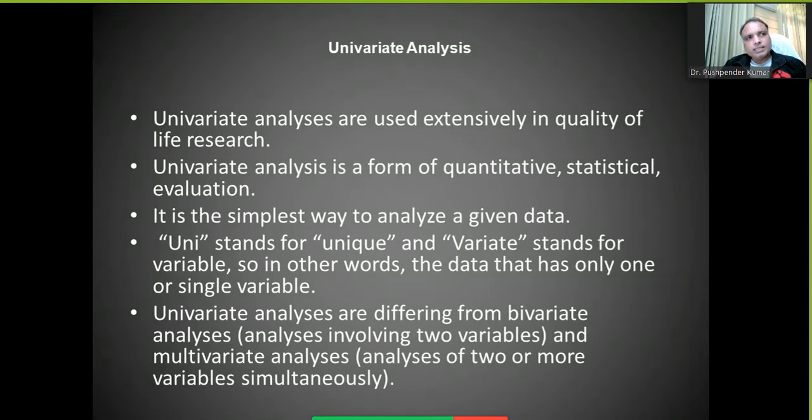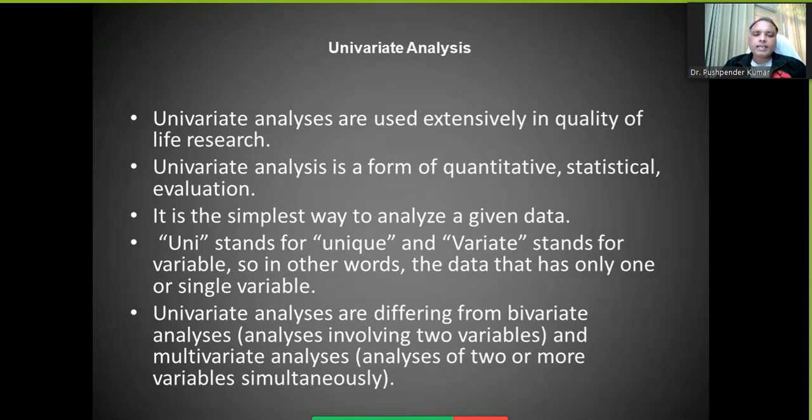There may be cases where you want to see how much time you spend in study and how many marks you secure. Third could be online learning and online teaching, or offline learning. That could be another variable. So now you are using more than two variables. We call it multivariate analysis, right?